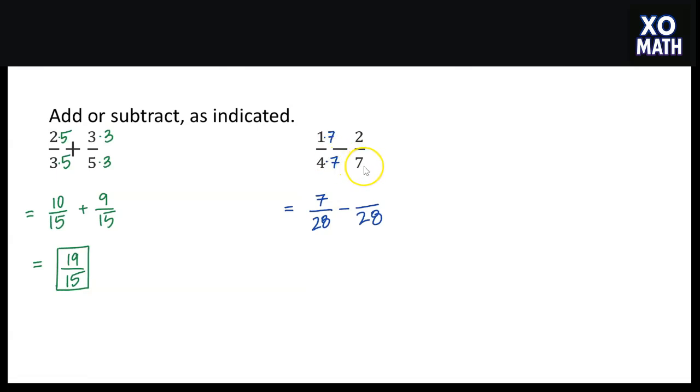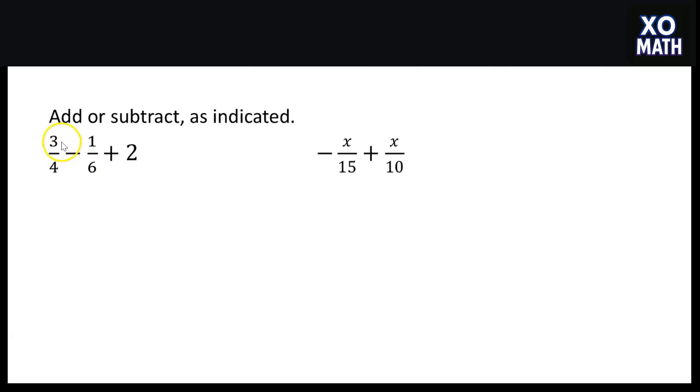On the right, 7 times 4 gets us to that 28. Multiplying the numerator by 4, 2 times 4 is 8. So now we can subtract across the numerator. 7 minus 8 is -1 over 28.